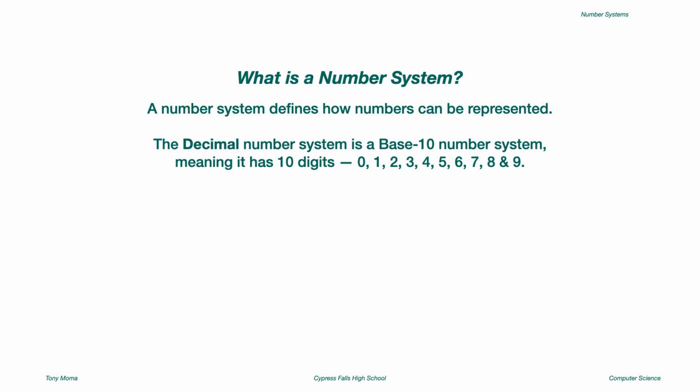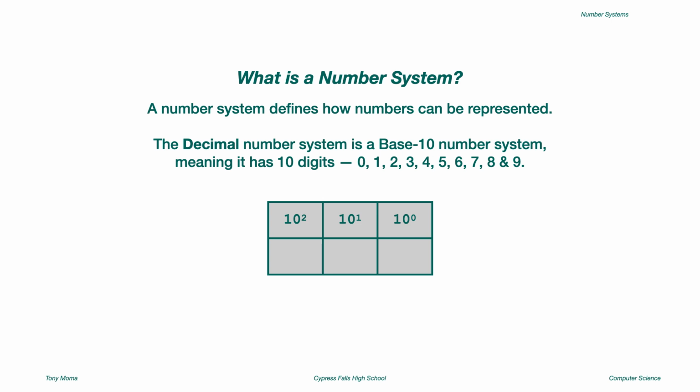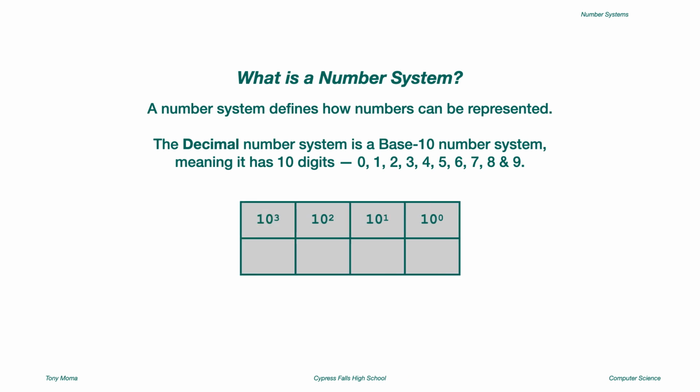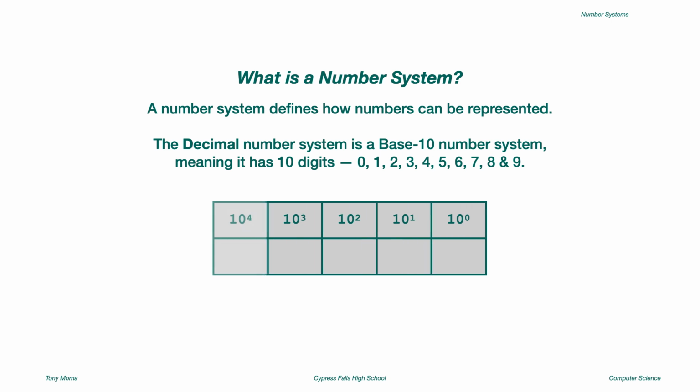To further show why we call this number system a base 10 number system, we're going to use a table. In the top row of this table, I'm going to write 10 to the power 0. Then in the top of the next column, I will write 10 to the power 1. Then 10 to the power 2, then 10 to the power 3, then 10 to the power 4, and so on and so forth.